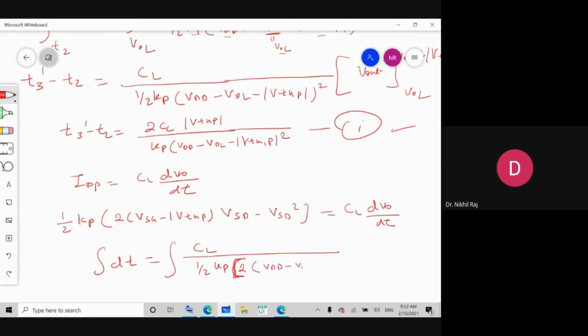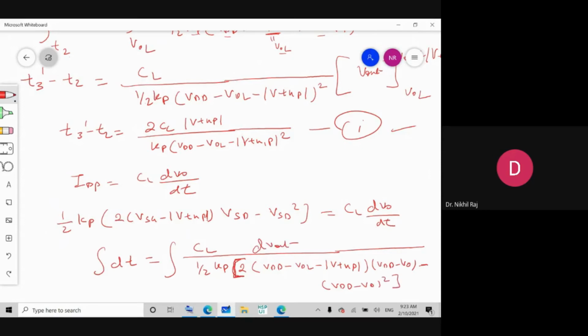V in was VOL, minus mod of VTH of P. Here the mod was missed. Okay, mod of VTH of P and VSD. VSD means VDD minus V out, and then minus again (VDD minus V out) whole square, big bracket dV out.